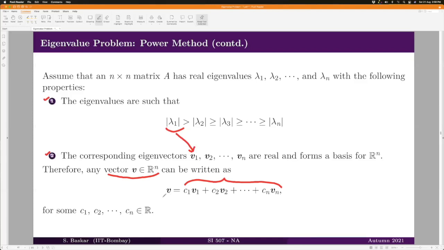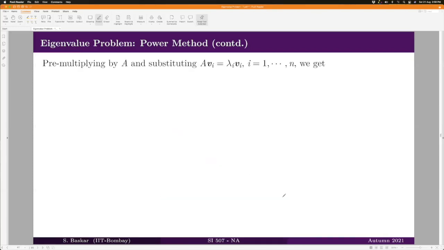For that, we basically have to take this representation of any vector and pre-multiply that vector by A on both sides. Now recall, we have v equal to c1 v1 plus up to cn vn, right? So when you multiply by A on both sides, you will have this equation.